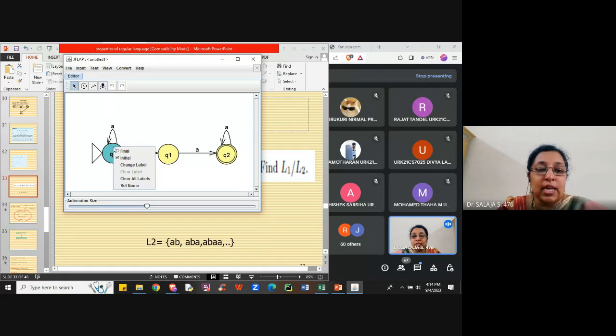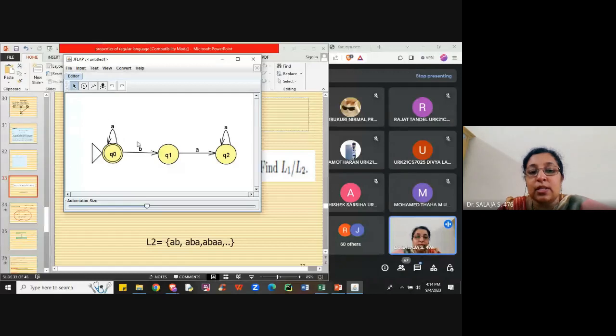This Q naught state acts as a final state, and Q2 is non-final. Now tell me, what is the regular expression which represents Q naught as the initial state and the final state? Tell me what is the valid regular expression from the given diagram.